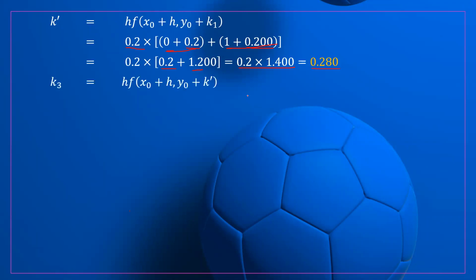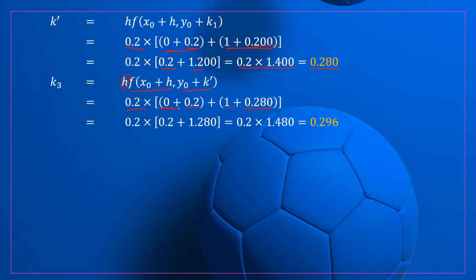Then what is K3? K3 is equal to h times f of x0 plus h, y0 plus K days. The value of h is 0.2, x0 is 0, y0 is equal to 1 and K days, which we calculated, is 0.280.